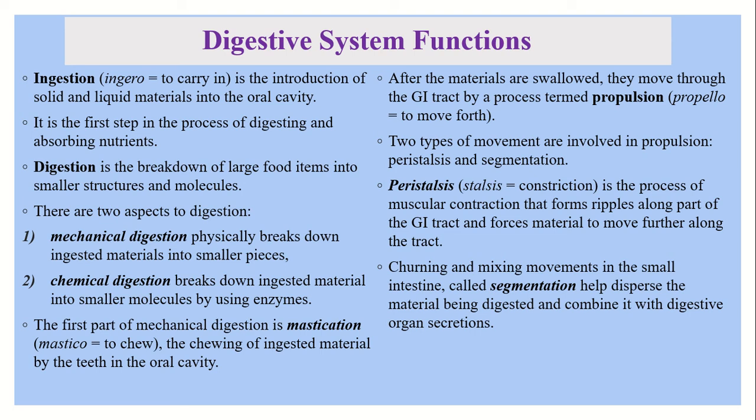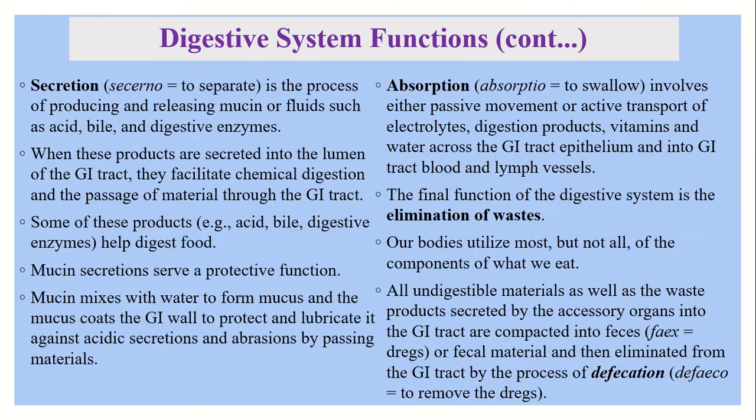The peristalsis is the process of muscular contraction that forms ripples along part of the GI tract and forces the material to move further along the tract. The churning and mixing movements in the small intestine are called segmentation, that help disperse the material being digested and combine it with digestive organ secretion.